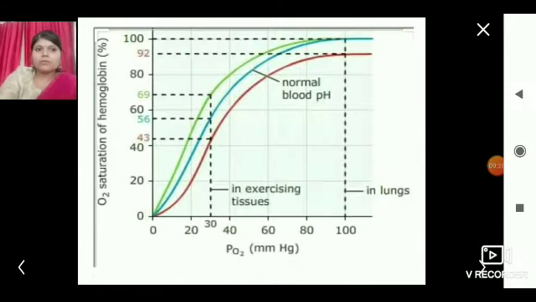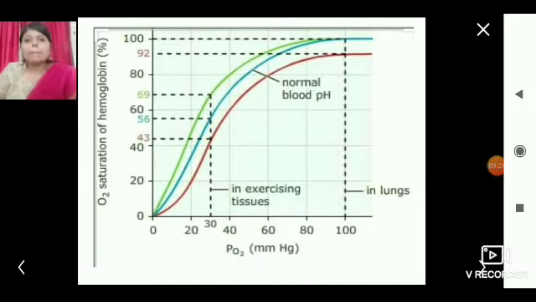So here is the graph which shows us the pH. There are certain factors which affect the graph, whether it is tilted towards the left side or towards the right side. What makes the S-shaped curve tilt towards the left or the right?